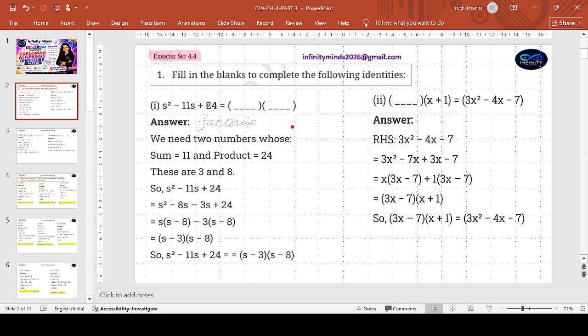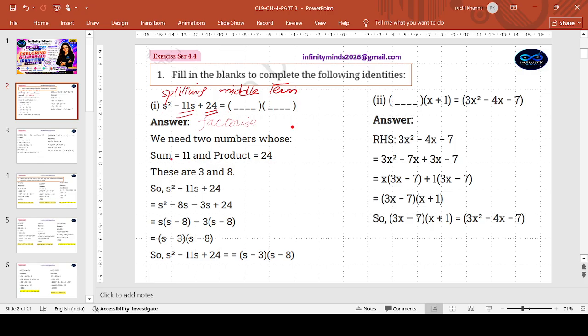Okay, so how to do factorization? This is through splitting the middle term. There is a method called splitting the middle term, where we pick up the last constant term and try to find two factors of it in such a way that if I add them, I should get the middle term, which is minus 11 in this case, and the product of those two numbers should be 24.